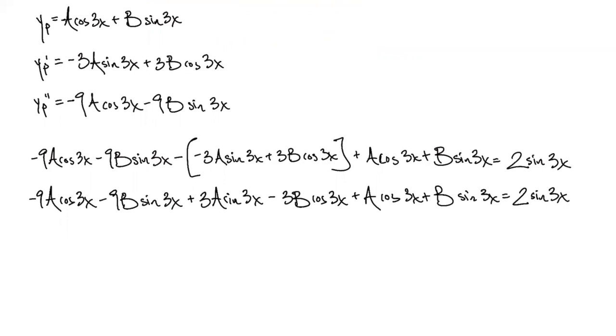It turns out the way that we're going to create our system of equations to find a and b is we're going to cluster them by the sines and cosines. So for example, 9a cosine 3x, negative 3b cosine 3x, and a cosine 3x, those I can combine, right?